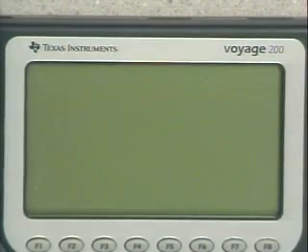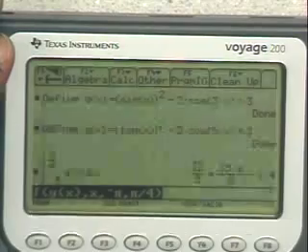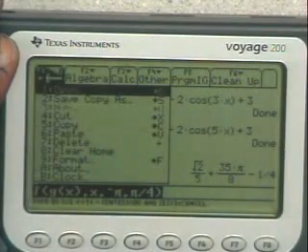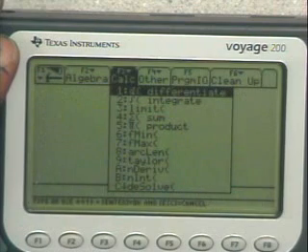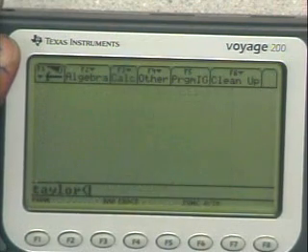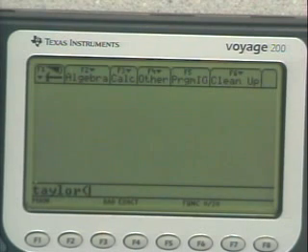And that's on national TV, and then I get embarrassed. Okay, under F3, there's a function called Taylor, right? Okay, what do I want to find Taylor for? Well, I want to find it for e to the negative x squared.